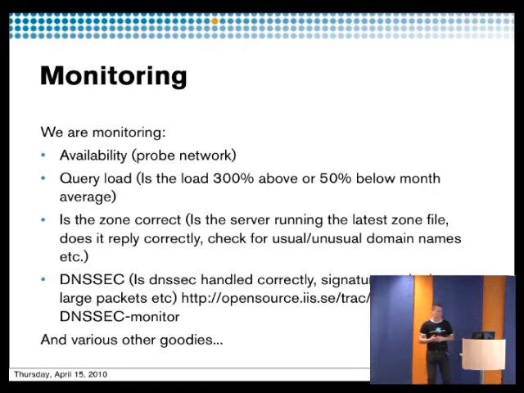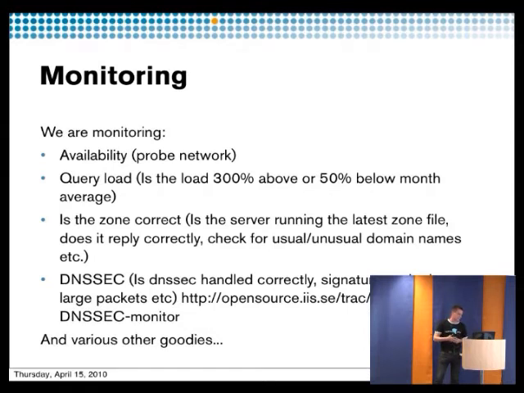We always monitor query load, and we do that by having limits. So if the load is 300% of normal, then we send an alert, and if it drops below 50% of normal, then we also send an alert. And zone correctness. We check that all the servers run the latest zone file, so a serial, very easy.